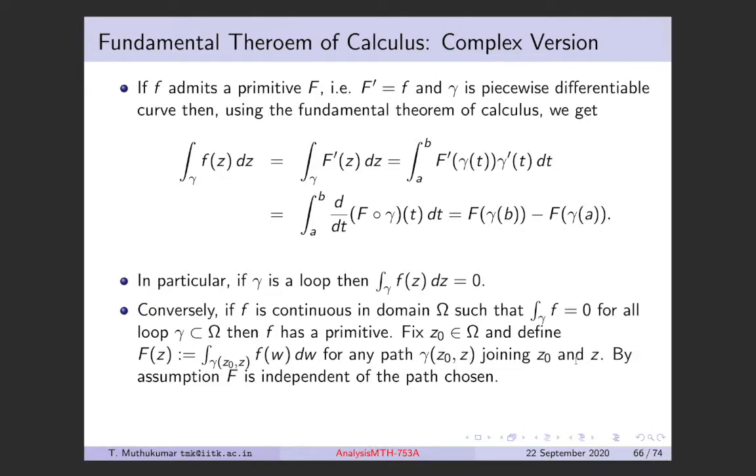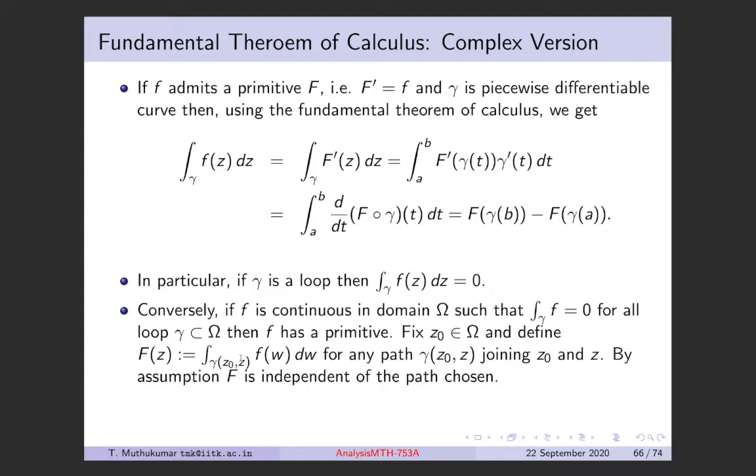But the fact that the integral of little f over any loop is 0 ensures that this definition is independent of the path that you choose. Why? Because if you take one path from z0 to z, and another path from z0 to z, then you actually have a closed loop starting from z0 and coming back to z0.